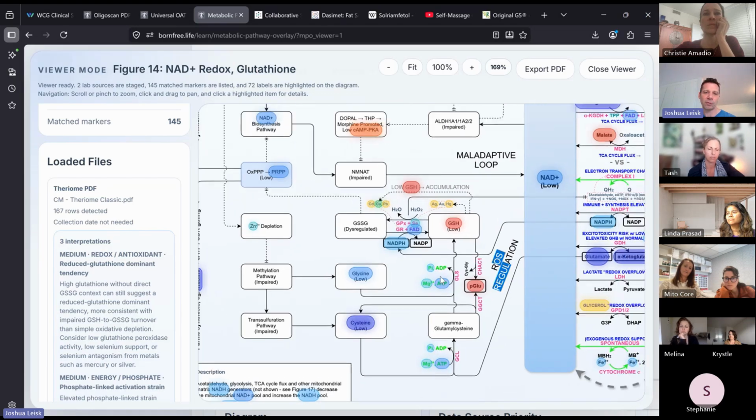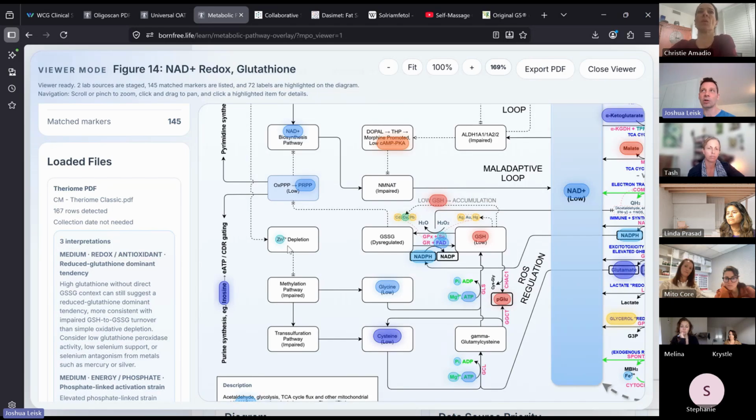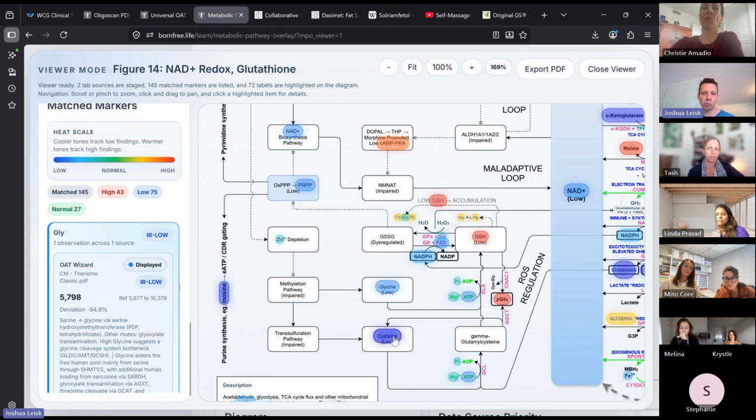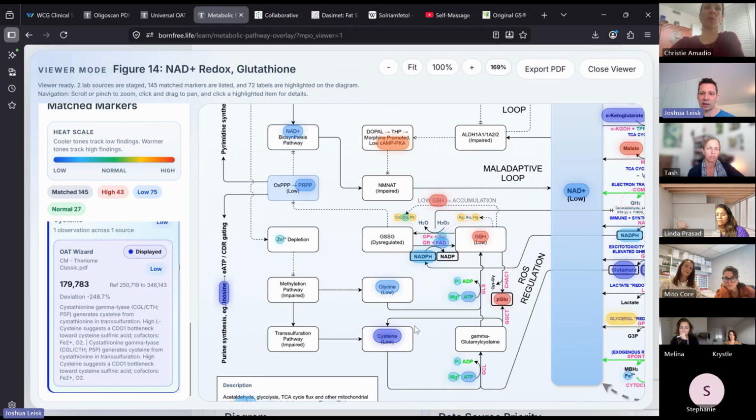So if we have, for example, low zinc, low choline, low serine, low active B1, and a number of other pieces, we're going to lead to problems with methylation and problems with transsulfuration, and ultimately low glycine, low cysteine, and then potentially low glutathione, but also eventually this low glutathione redox.